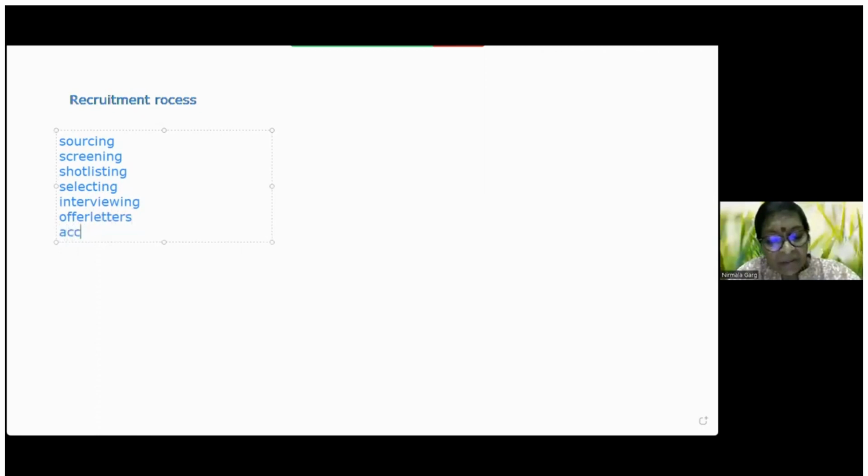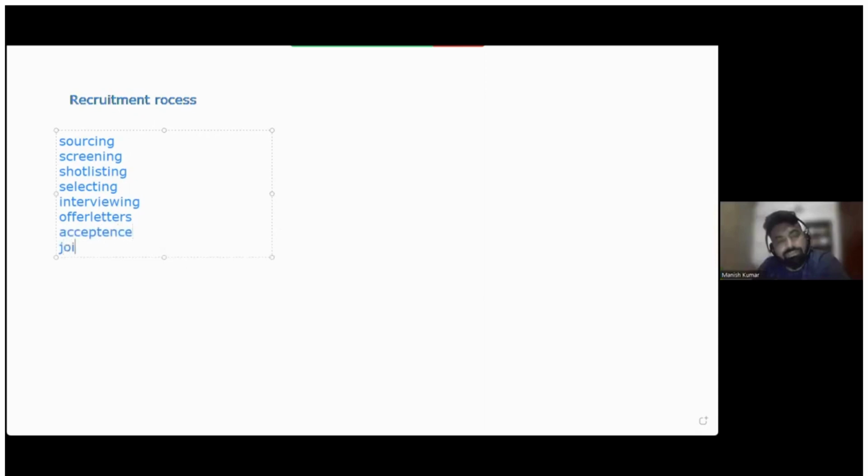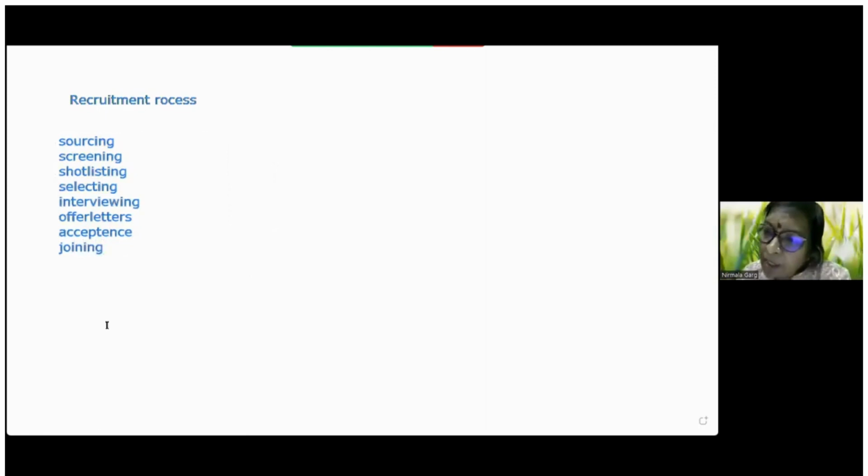Then acceptance. When joining. Joiners. This could be broad, right? Any process you can take. It could be recruitment process. It could be a performance management process.